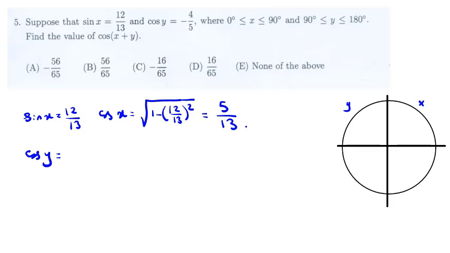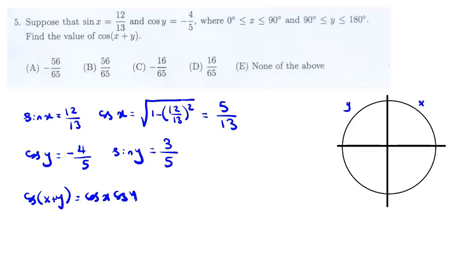Cos y here is negative 4 over 5. If you use the same thing similarly, sine y is positive. It will be 3 over 5. 1 minus this squared, if you consider the square root of that, it will be this. Cos(x plus y) equals cos x cos y minus sine x sine y.